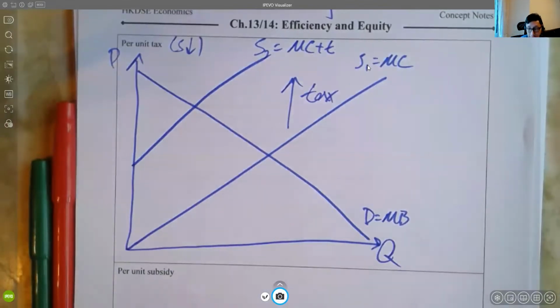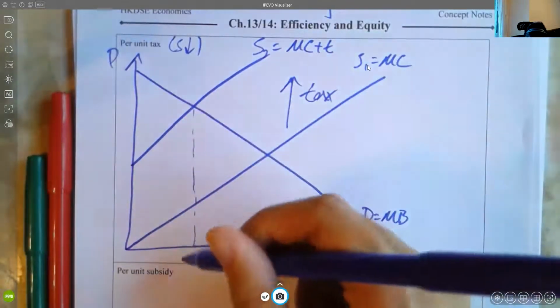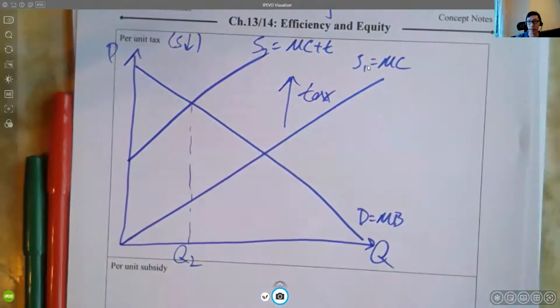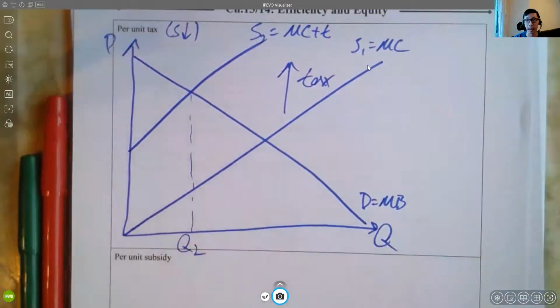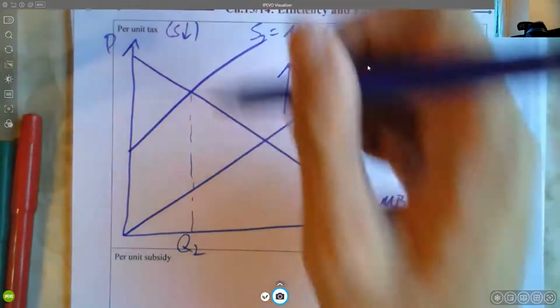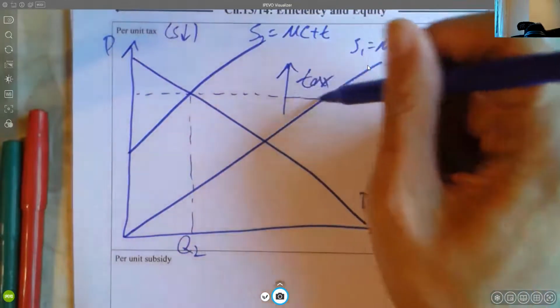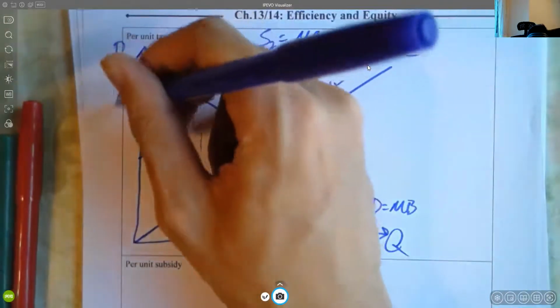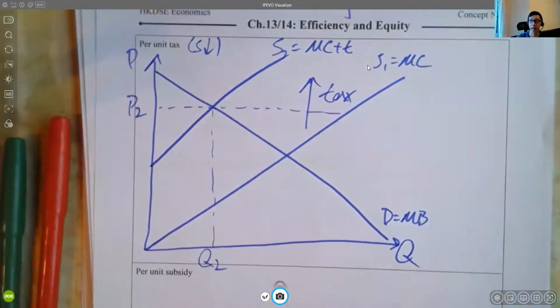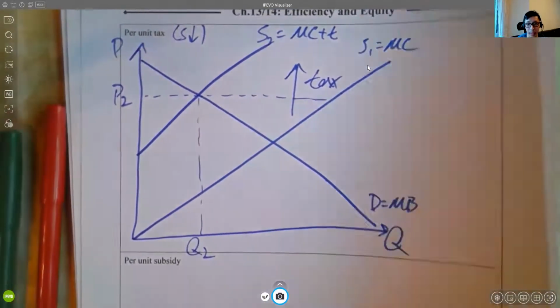Okay, now remember, this is our Q2, which is an important one. I deliberately didn't mark Q1 on purpose, right? Let's see. At Q2, the price will be here at P2. So let's see what's going on here.